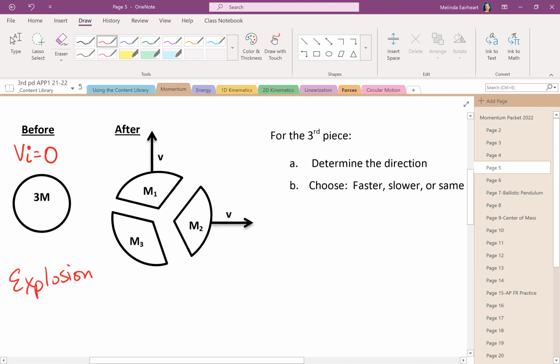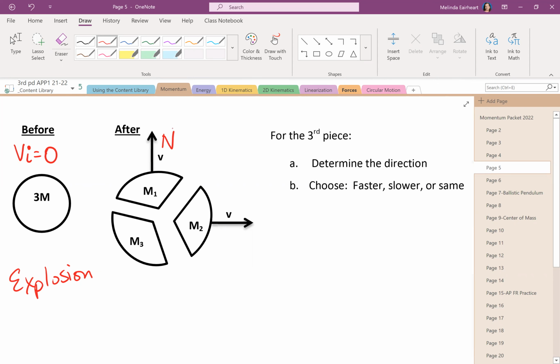And so for that third piece, what is the direction that it's going to go? And is it going to move faster, slower, or same? And so kind of think about that. Well, I have what I have. What do I need? And you got to think momentum is conserved here. And so you start out with no momentum, nothing up or down, nothing left or right. At the end, M1 goes north. Well, M2 is not going to do anything to that north.